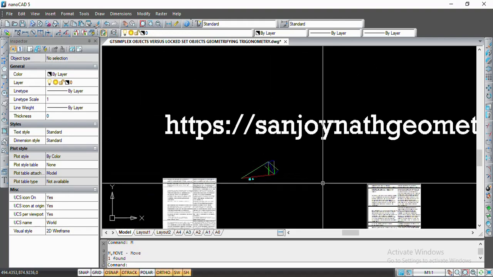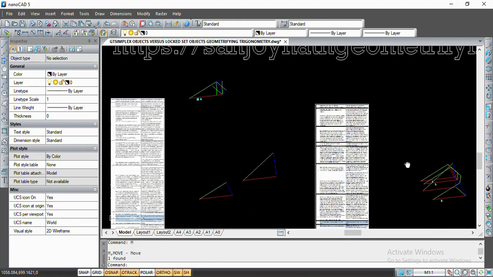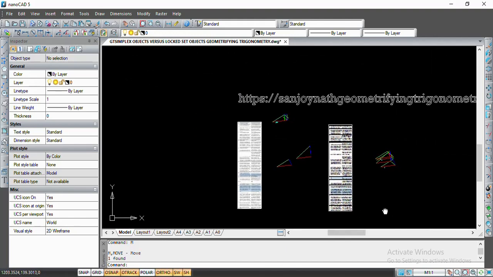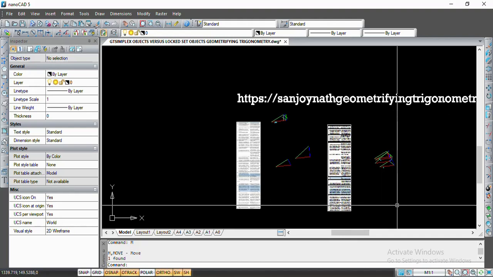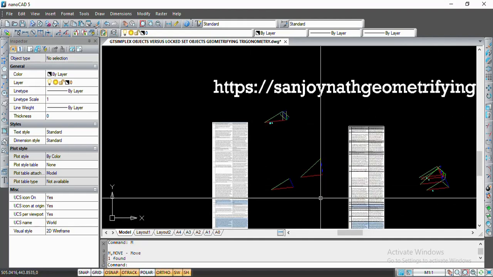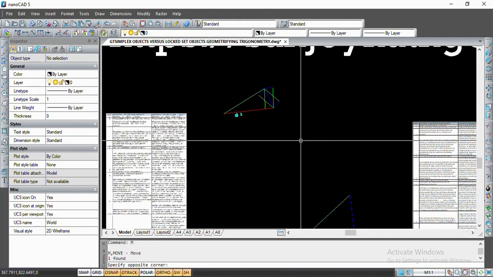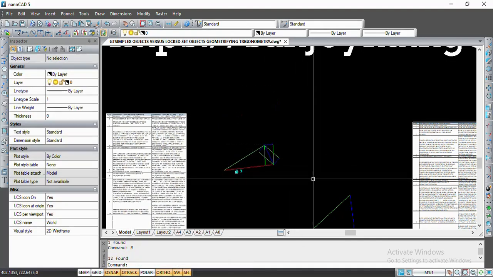That is a very interesting bigger domain than classical trigonometry, and in this video we have started demonstrating the differences between Gtsimplexes and locked sets, and in our next videos also some of the cases will be discussed to examine the things in more depth, such that you can think about more deep theorems that you can design with geometrifying trigonometry.